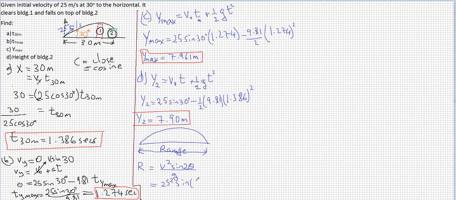Well, theta is 30, so multiplied by 2, that would be 60, divided by 9.81, and that would give you a range of 55.17 meters.